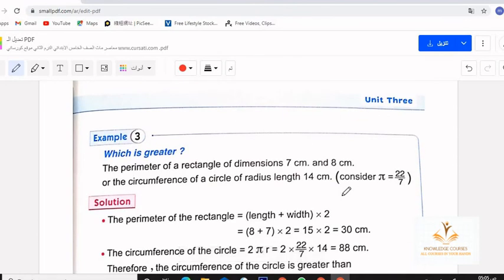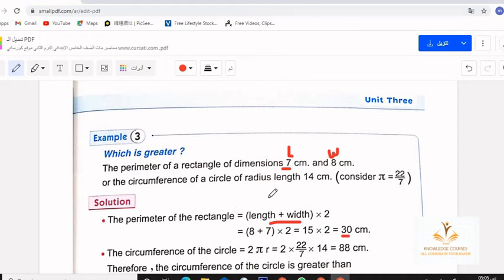Example, which is the greater perimeter, the rectangle of the dimension? This is length and this is width. So the perimeter of the rectangle equals length plus width all multiply 2, equals 8 plus 7 multiply 2, equals 15 multiply 2 equals 30.